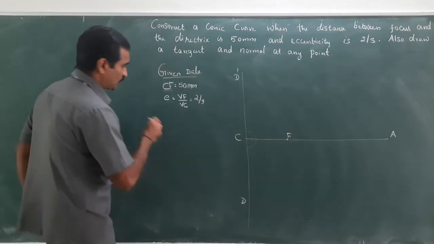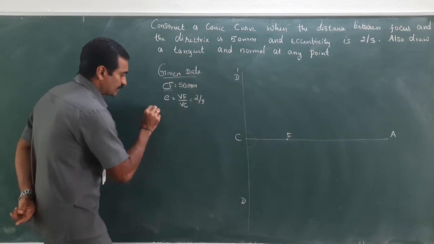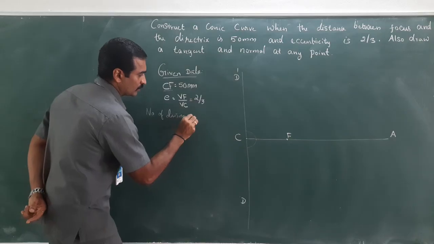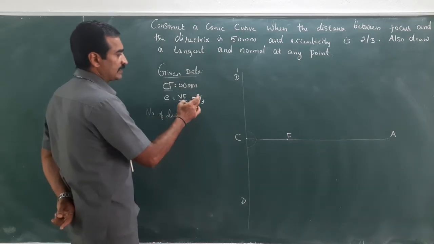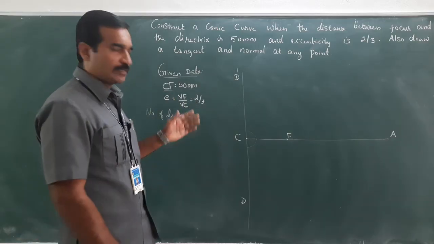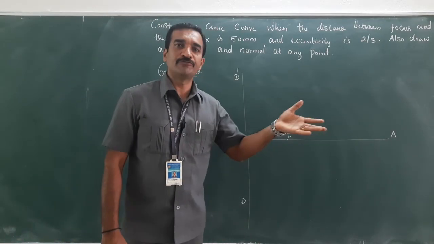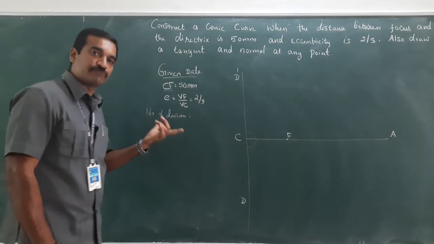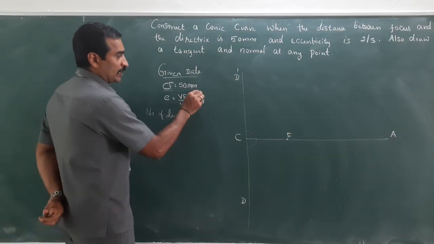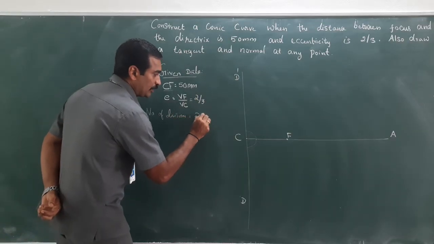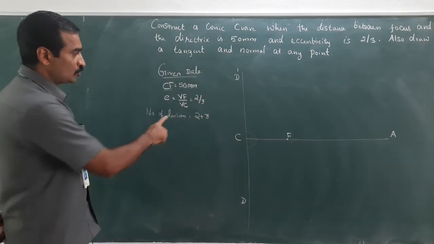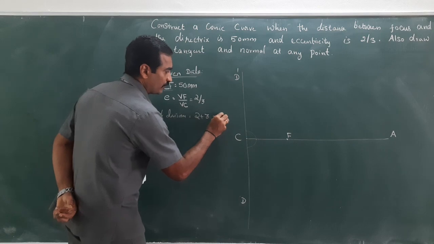I will explain. First find the number of divisions, because it is given in terms of a ratio. Eccentricity is the distance of the moving point from the focus to the distance of the moving point from the directrix, or fixed straight line, right? For the number of divisions, sum up the numerator and the denominator, 2 plus 3, which is 5.